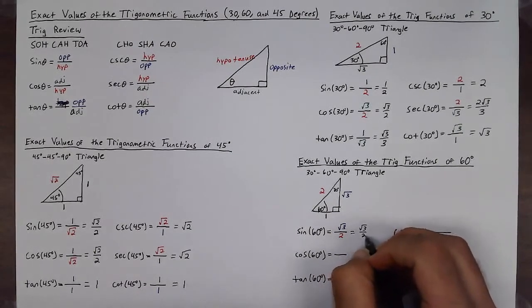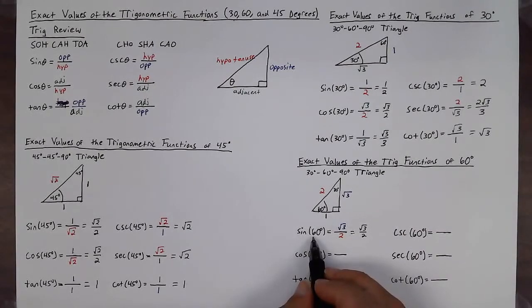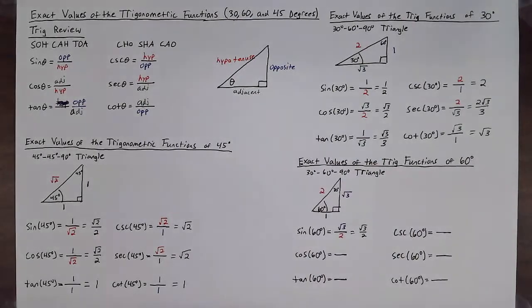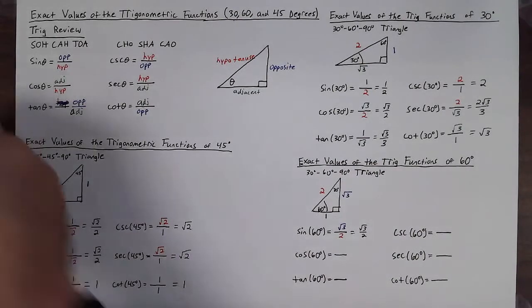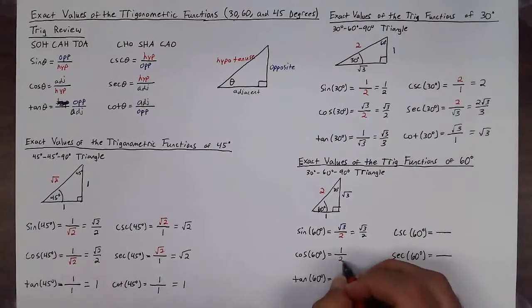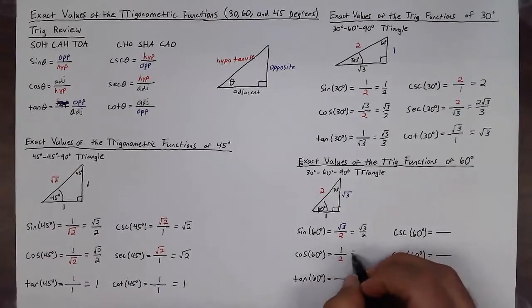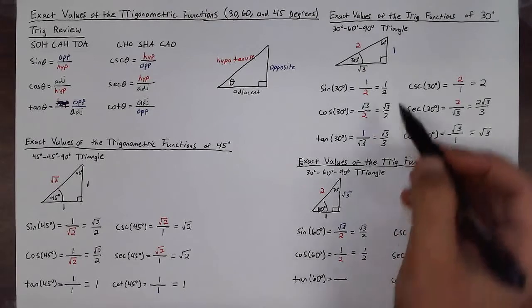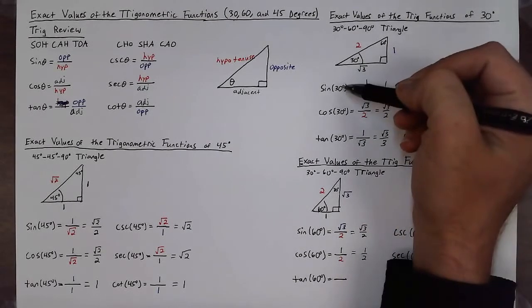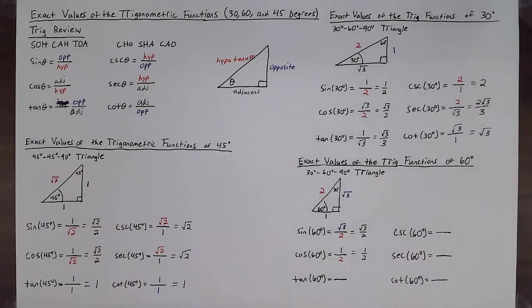So it seems that sine of 60 degrees is equal to the cosine of 30 degrees, which is very interesting. Cosine should be adjacent over hypotenuse, so 1 over 2, leaving me with 1/2, which again mimics what sine was in the previous example. So cosine of 60 degrees is the same as sine of 30 degrees. We will discuss in further detail where these patterns come from in the future, or just take note of it now and you'll be ahead of the game.